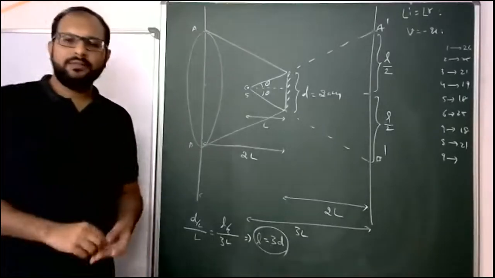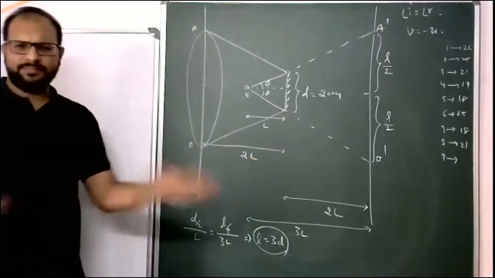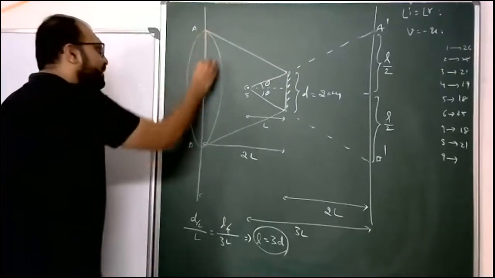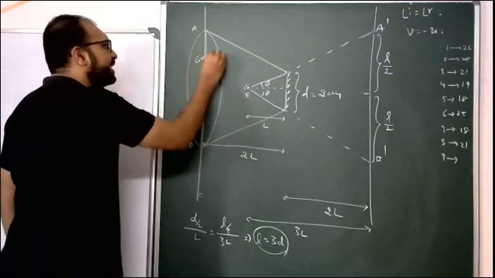The values are all the same. Tell me, what is the active region length? 3 times that, so 60 centimeter.